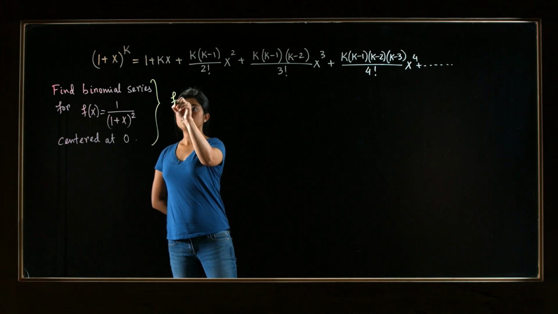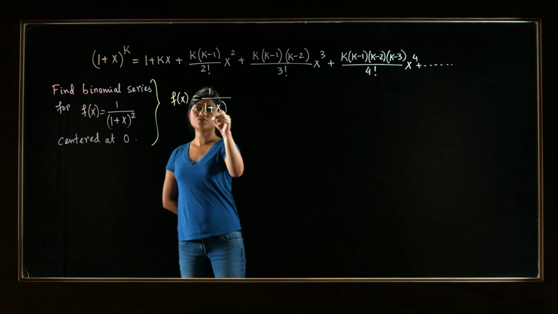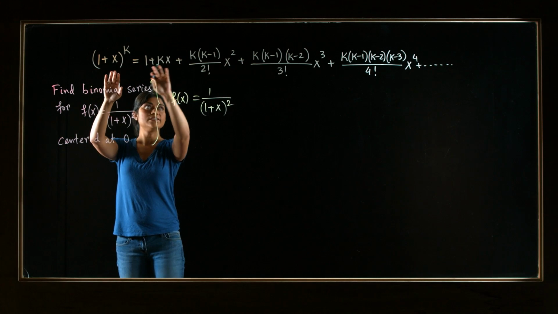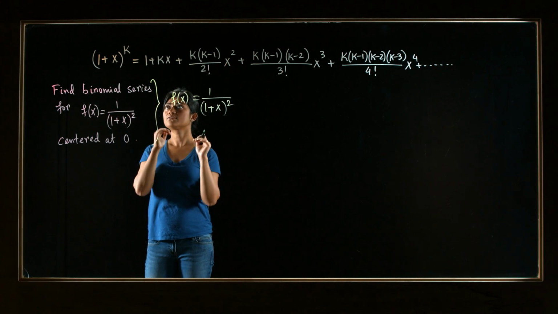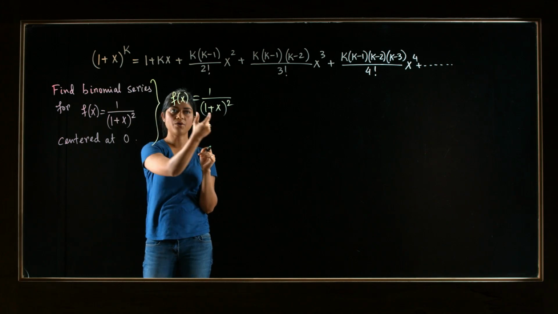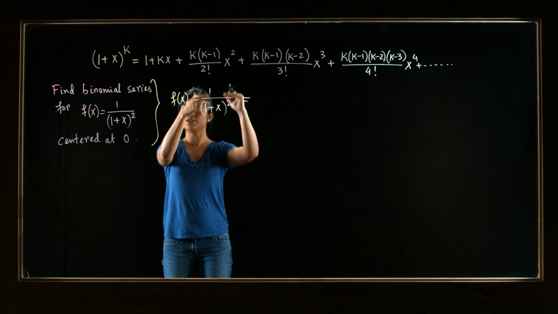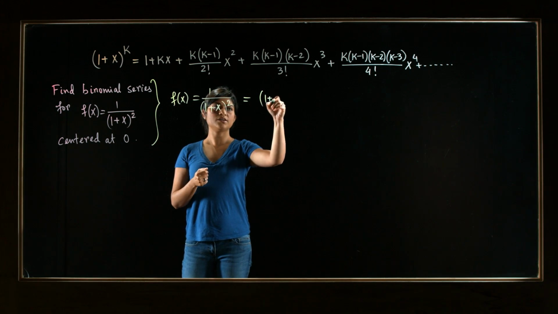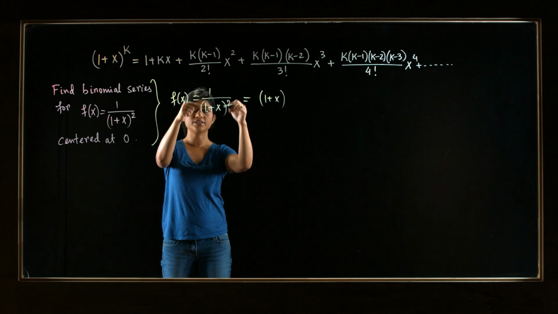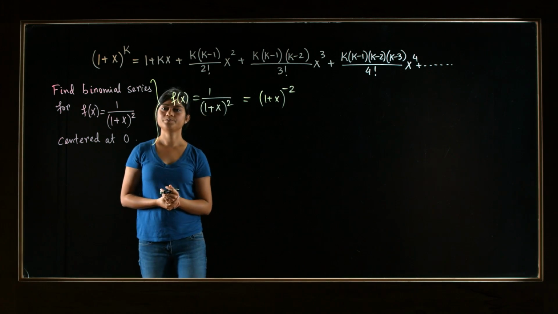Okay. So the function is 1 over 1 plus x squared. But in order to apply this power series, the function should be in the numerator, but our expression is in the denominator. So of course we can bring it to the numerator, and using the properties of exponents, the 2 becomes negative 2.